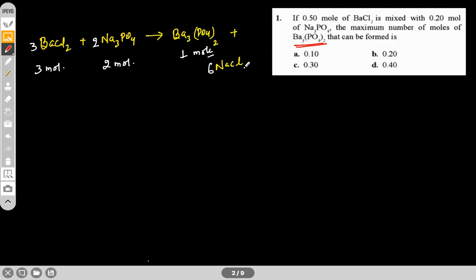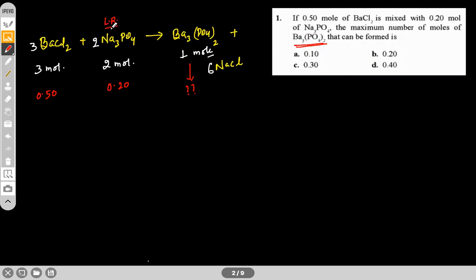You can also say 6 moles of NaCl forms. So, what is given in the question? The data given in the question is we have 0.5 mole of BaCl2 and 0.2 mole of Na3PO4. Then what is the moles of Ba3(PO4)2 formed? This we need to find out.